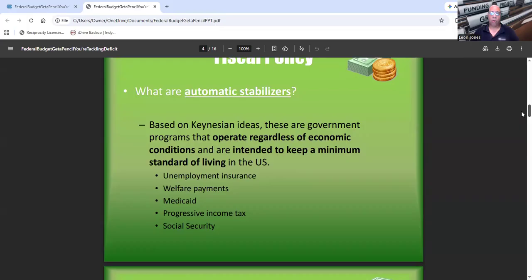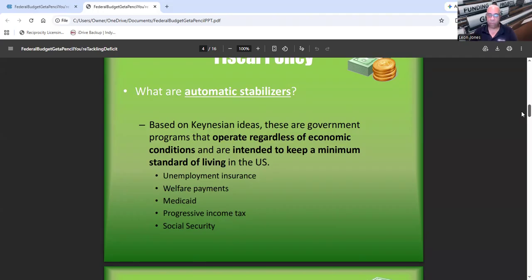Now, what are automatic stabilizers? Well, based on Keynesian ideas, these are government programs that operate regardless of economic conditions and are intended to keep a minimum standard of living in the United States. There's your unemployment insurance. So when you get terminated from your job, what individuals don't know is that corporations pay for unemployment insurance.